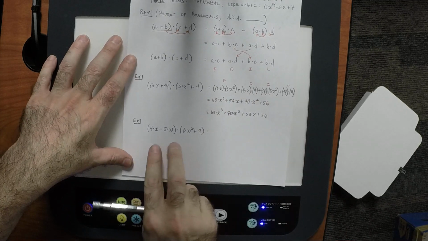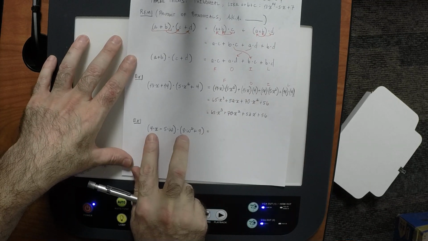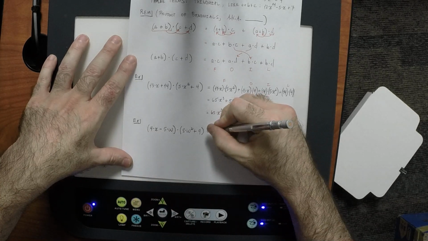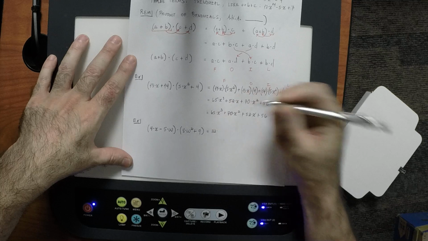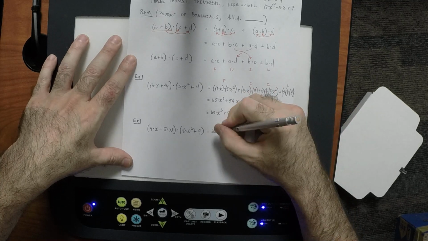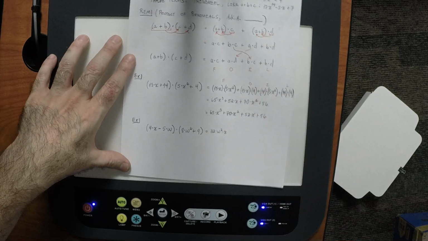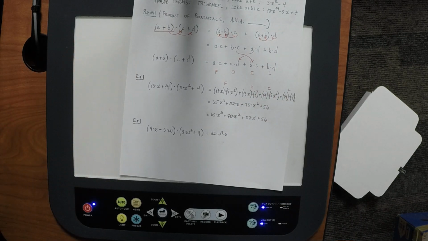As for that, the firsts are those. Can you do it in your head? What would it be? 32w squared x. Some of you might say, well, why not x times w squared? Would that be okay? Yeah, because multiplication commutes, and you'll find that different opinions differ.